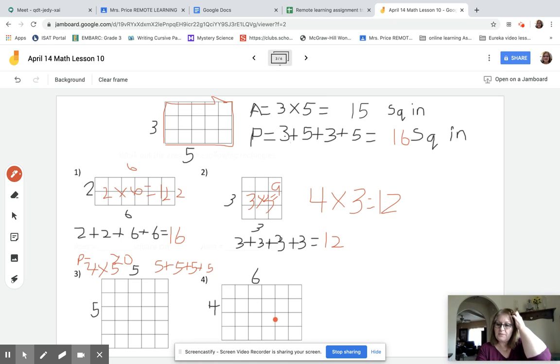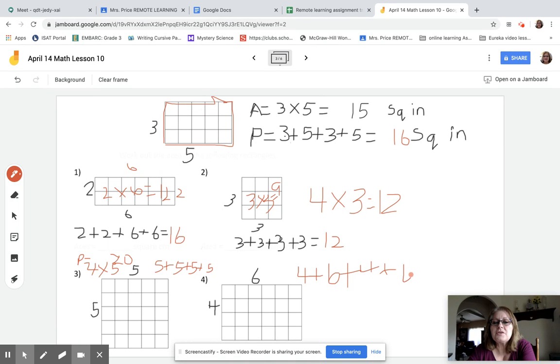Okay, so in this one, we're going to do perimeter. 4 plus 6 plus 4 plus 6. Well, let's do that. 4 plus 6 plus 4 plus 6.